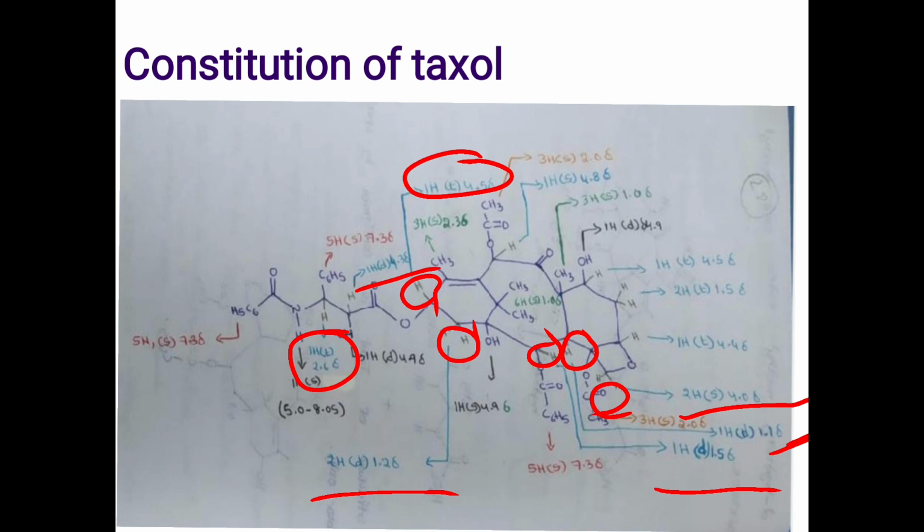This is the spectral data of Taxol. By using this NMR spectral data, and also C13 NMR and mass spectroscopy, the total structure of Taxol was elucidated.